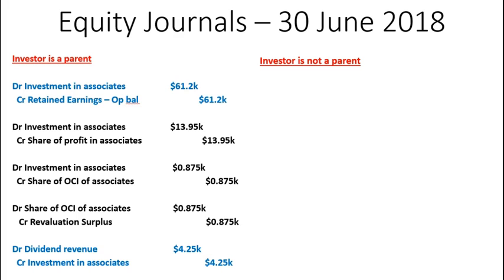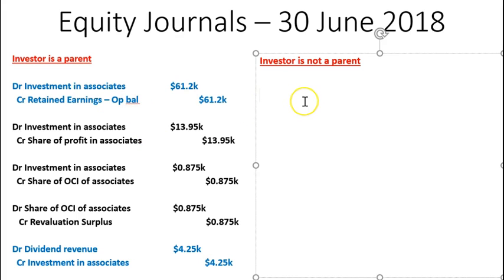So when the associate's equity falls by paying out the dividend, our equity will also fall by the amount of the dividend that we're entitled to. So effectively it's just returning some of the equity from the associate back to us.